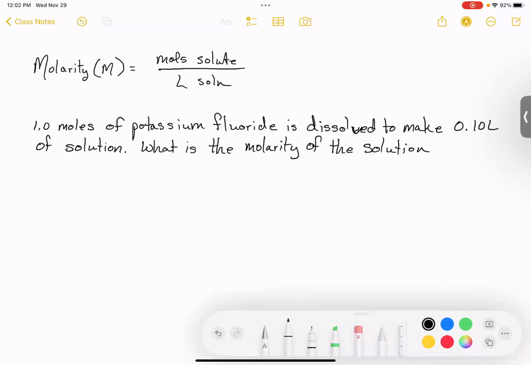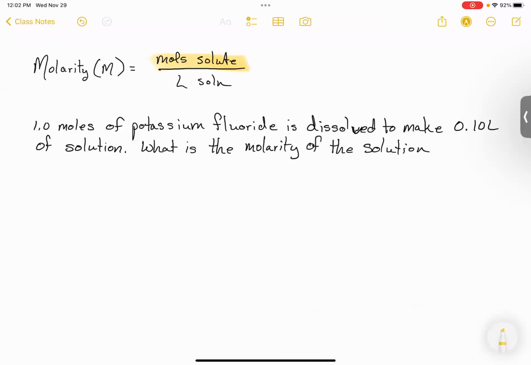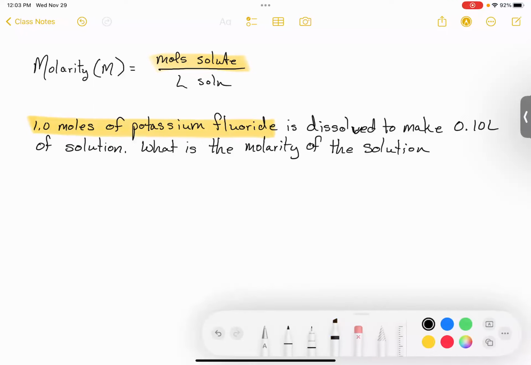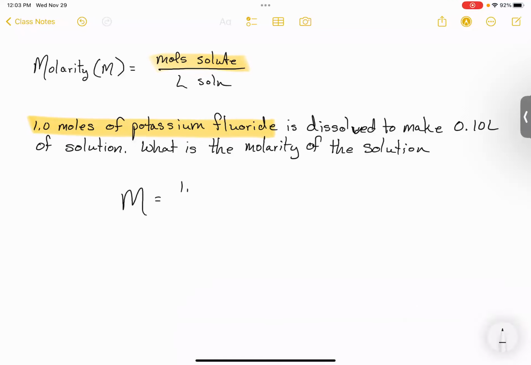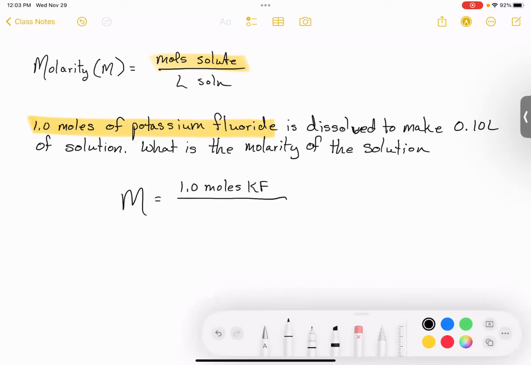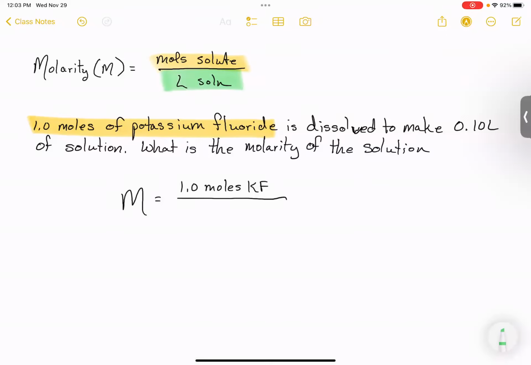Okay, so the first thing I need is moles of solute. Well, I just happen to be given moles of solute in the question. So my molarity is going to equal 1.0 moles KF over, now the next thing I need is liters of solution.